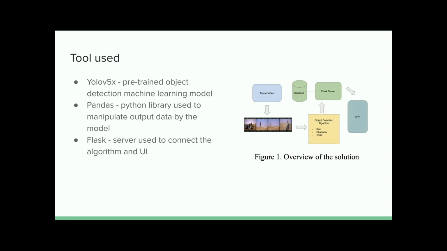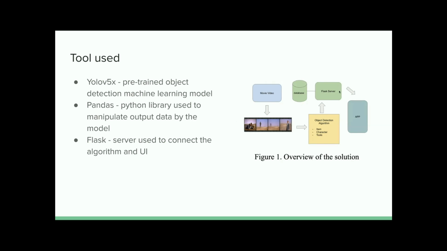So first we have a movie video, and different scenes are cut out at different times throughout the movie, and calculated and inputted into the algorithm, whose output is connected to the Flask server, as well as a database.